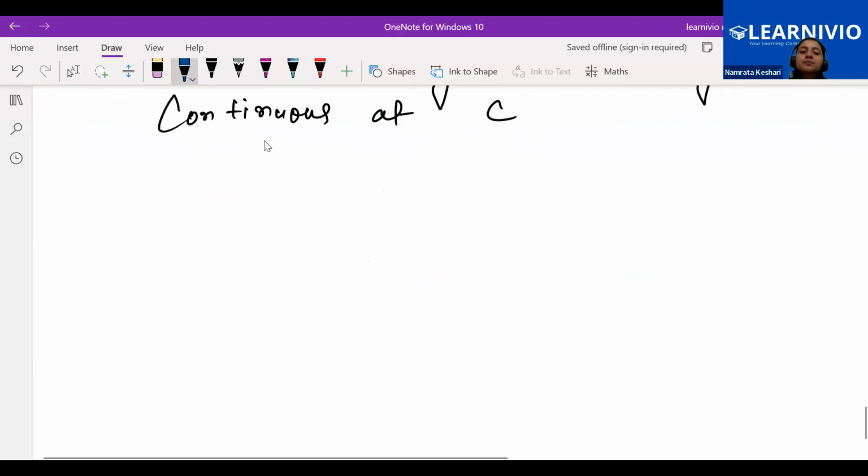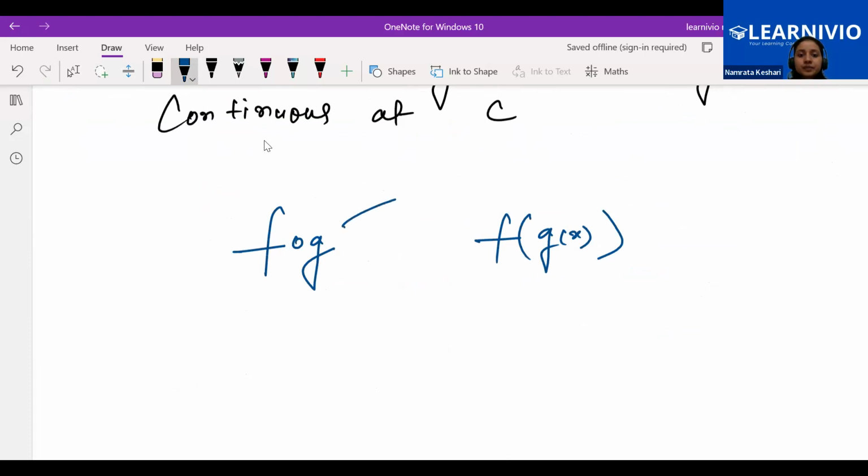What does that mean? It means that if we are having the composite function f of g, can we write it as f of g x? Can we write it like this, Fatima? Yes, ma'am.